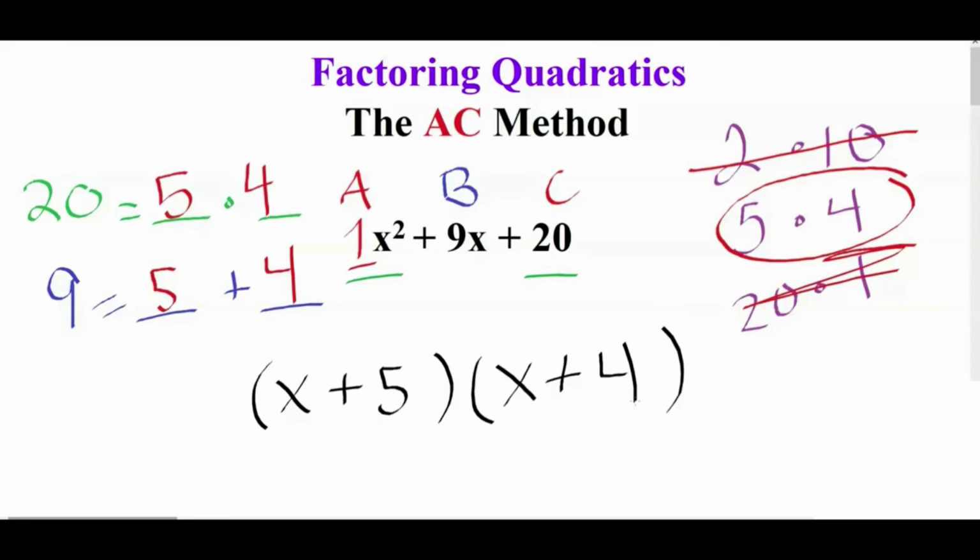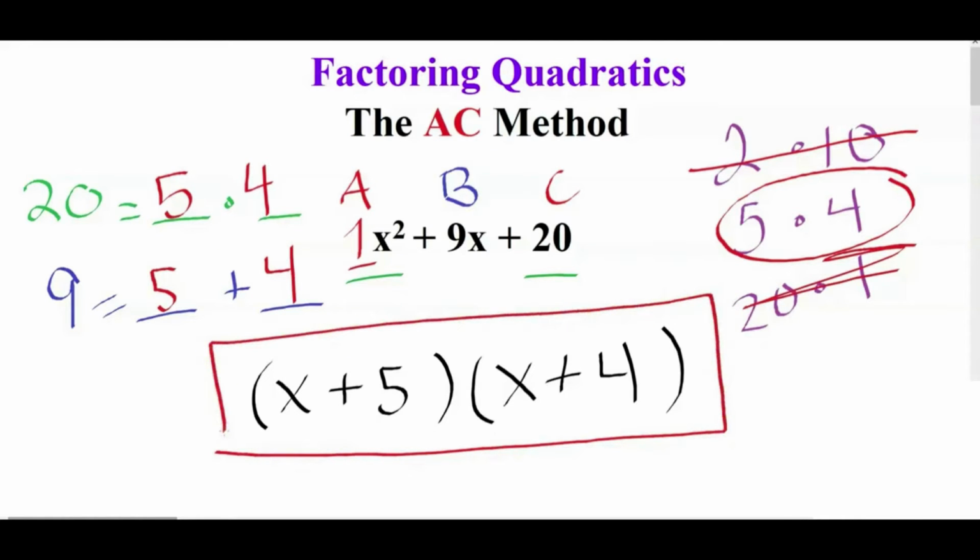So x plus 5, x plus 4, and those numbers just came from these two factors right here. I had 5 and 4. That's what I'm using when I break this down into factors. And if I was just asking you to factor, this would be what your final answer looks like. Okay, it'd be x plus 5, x plus 4. You would just take those two factors and write them out as two binomials.